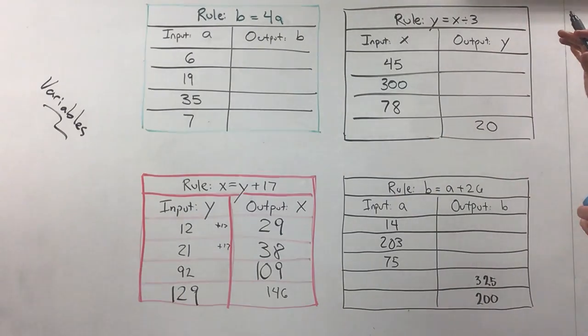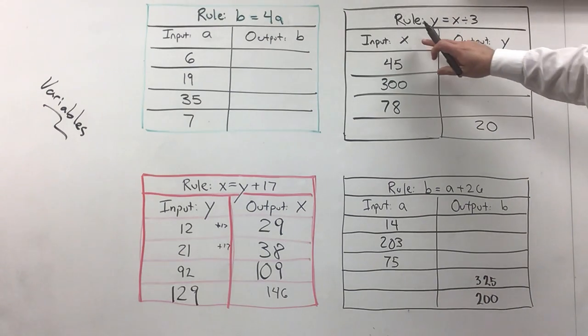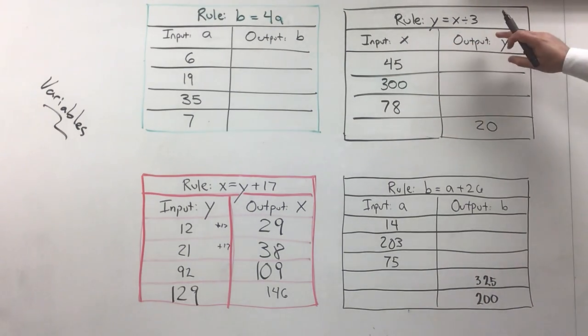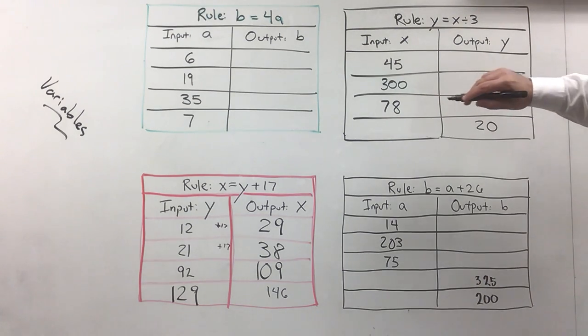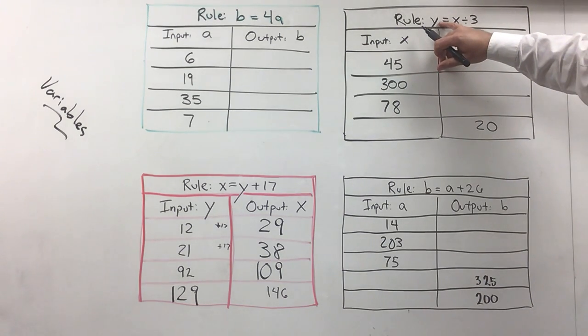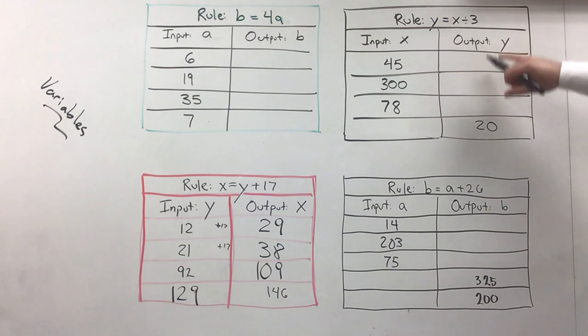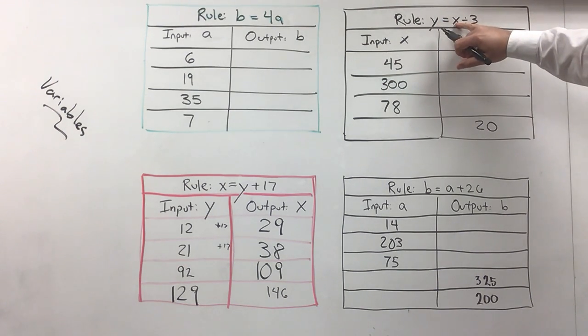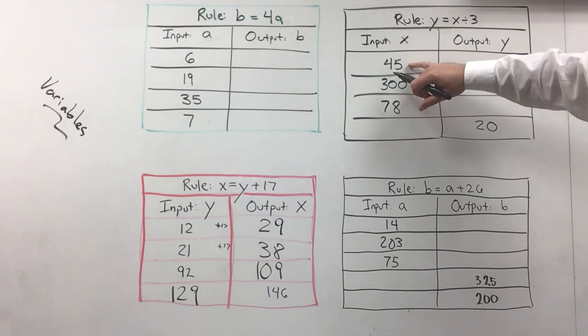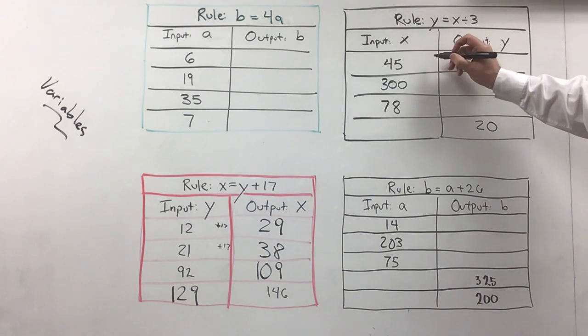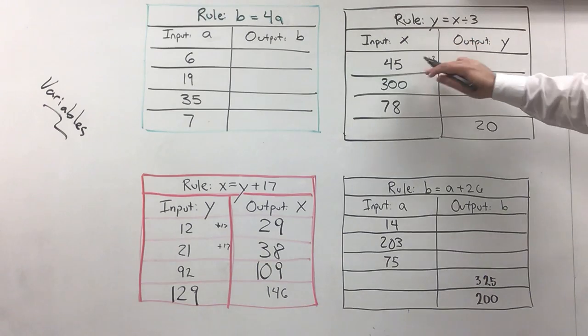Let's go over here. Different table, different rule, okay? Still X's here, still Y's over here. This is still my input, this is still my output. It says, in order to find the Y, which is the output, you take the X divided by 3. So X divided by 3. So I have to take 45, I'm going to squeeze in a little divided by 3 to show my work.